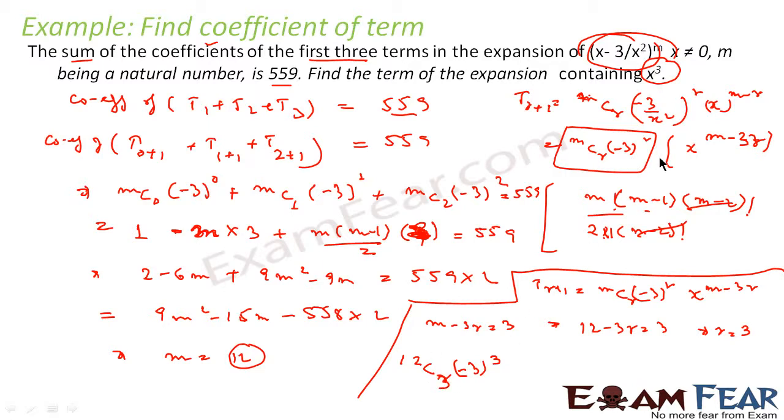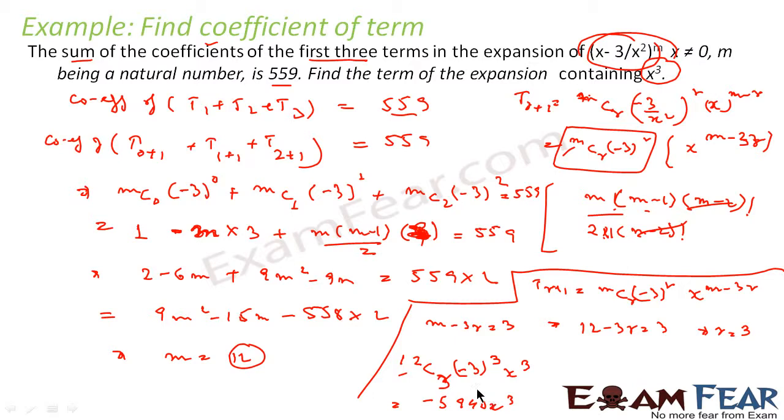By putting r equal to 3 and m equal to 12, it is 12C3 (minus 3) to the power 3 into x to the power 12 minus 3 into 3, that is 9, hmm, x to the power 3. And when you solve this, you get minus 5940 x cube.